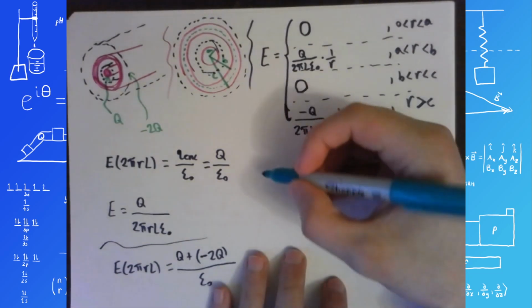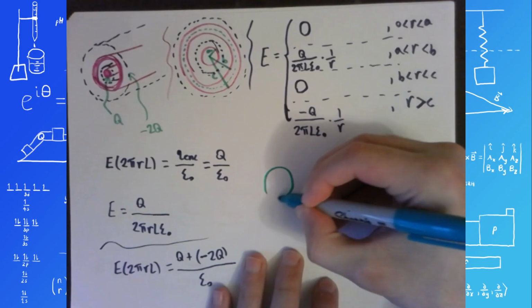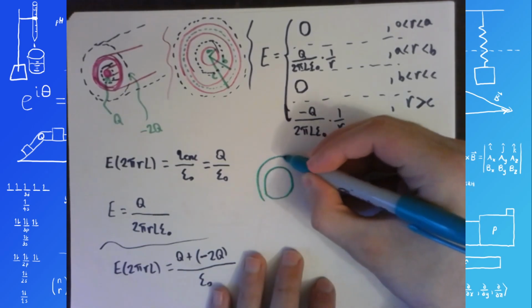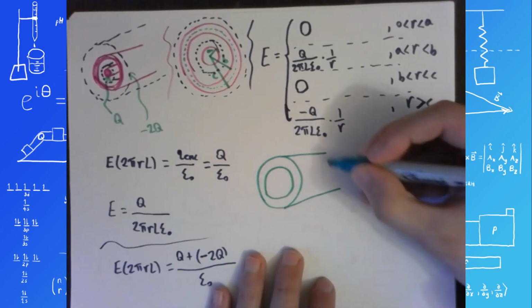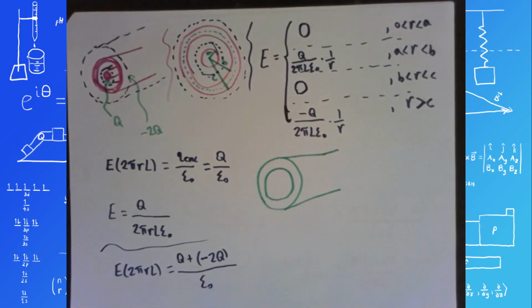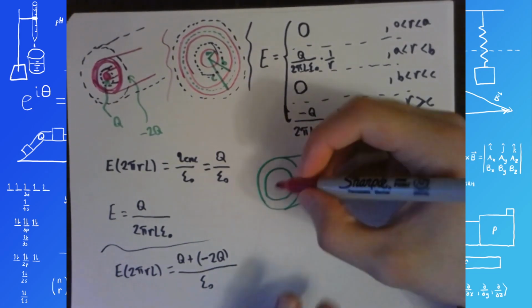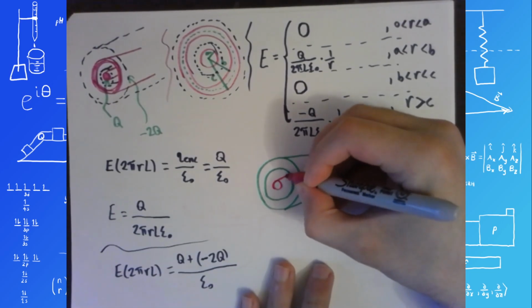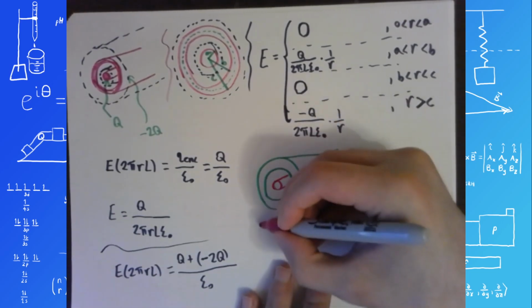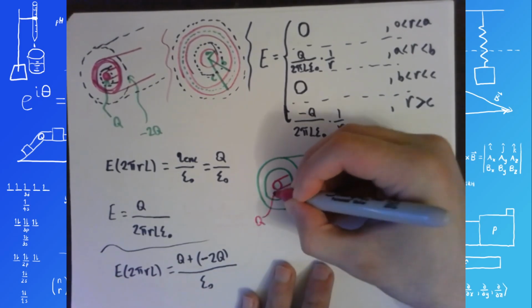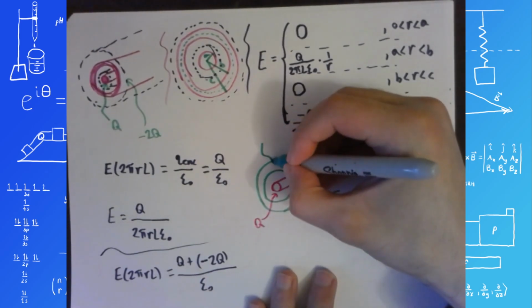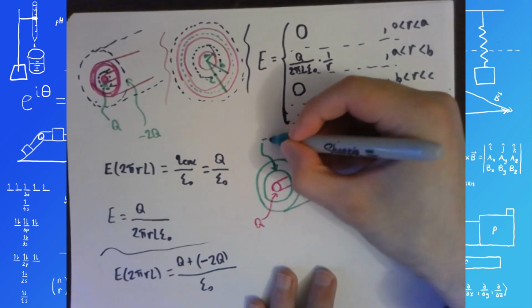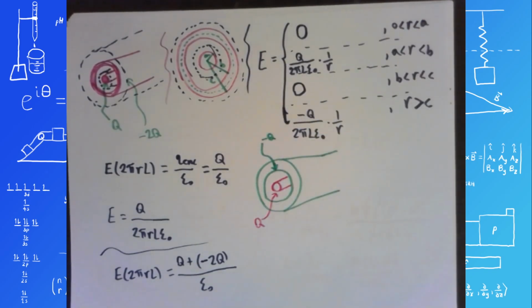So that means if I redraw the outer cylindrical shell, and I guess I'll redraw the inner cylinder as well, I've got a charge of Q on the surface of the inner cylinder, and then I've got a charge of negative Q on the inner surface of the outer cylinder.